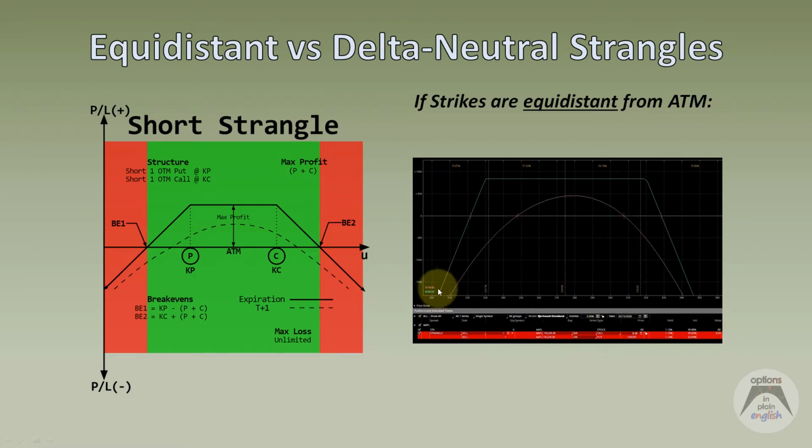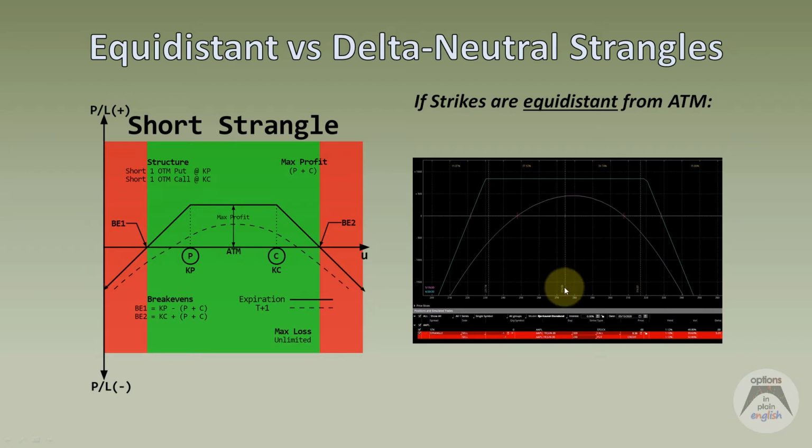If we look at the expiration line here, and we also take a look at the T+1 line, you can see that it's a little bit off center. This is the price right now. It's a little bit off center to the right. So the whole position is going to benefit the most if price moves higher, which is a weird thing, because you probably wanted the price to stay exactly the same.